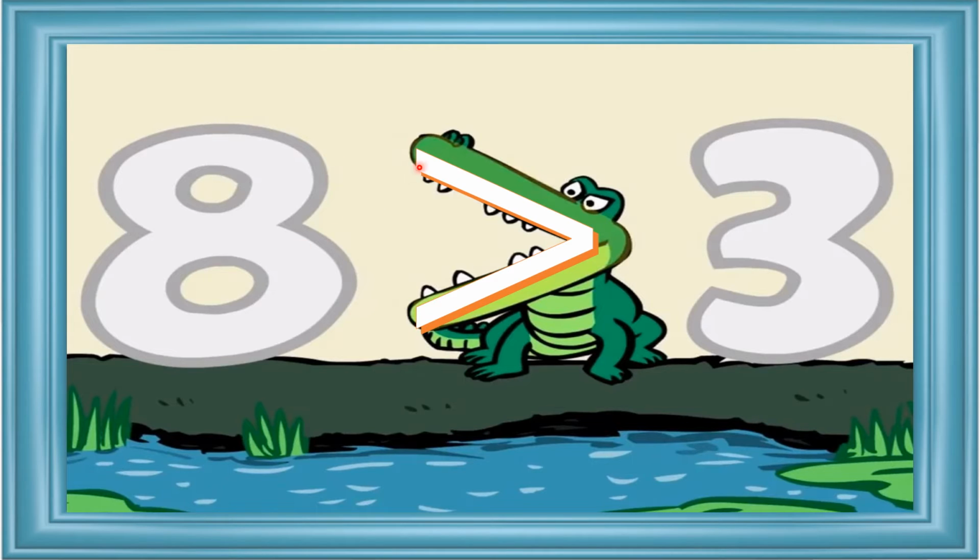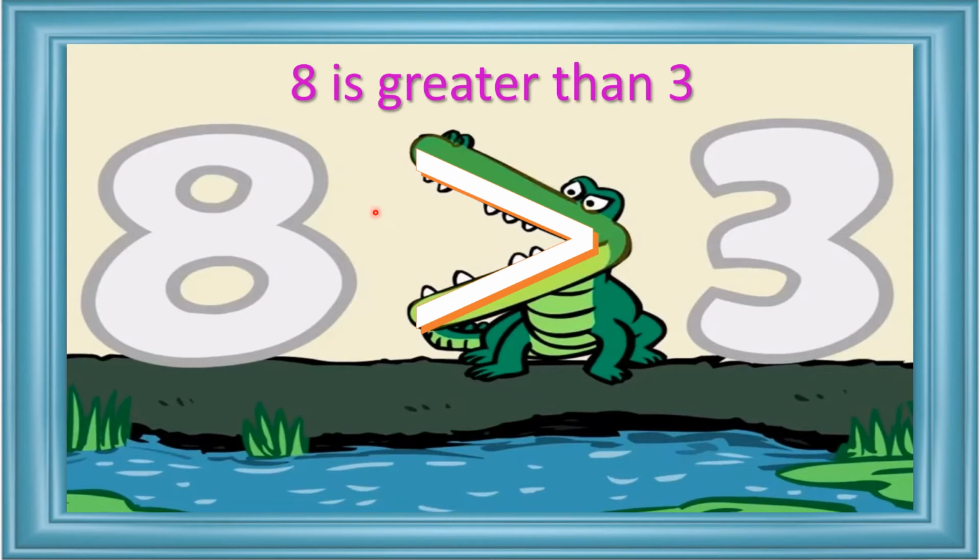Remember dear children, this symbol we use to tell the greater number. Open side always tells the greater number, and the closed side or the corner tells us about the smaller number. Here you know that 8 is greater than 3, right? So this symbol we use to tell greater than. Remember, this is the open side.